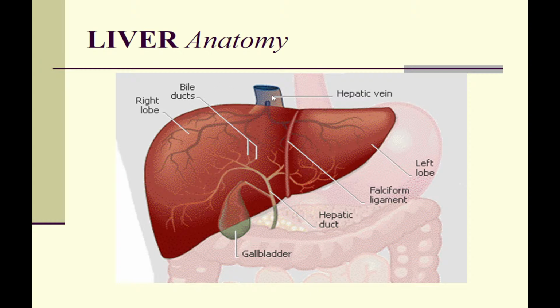As we see here, hepatic vein, left lobe, right lobe, and small bile ducts, and hepatic ducts, left and right, and the end of the left and right hepatic ducts, common bile duct. Gallbladder.